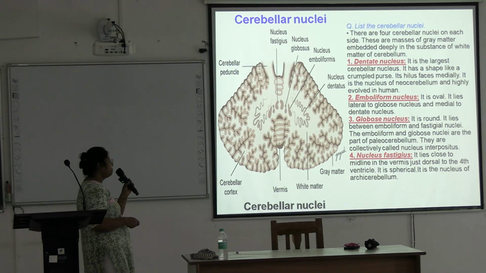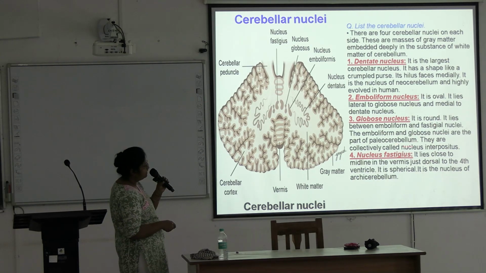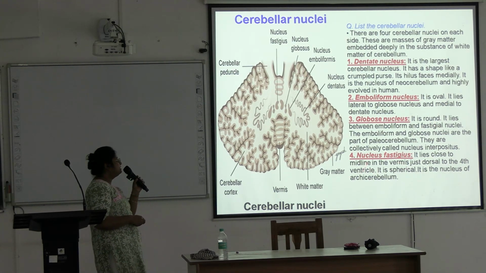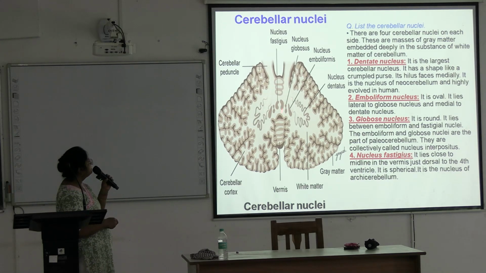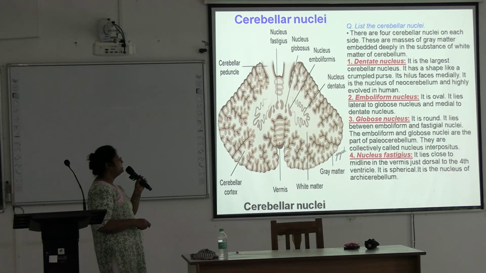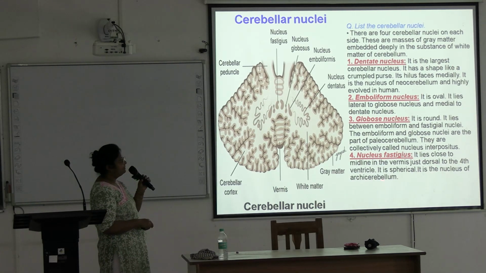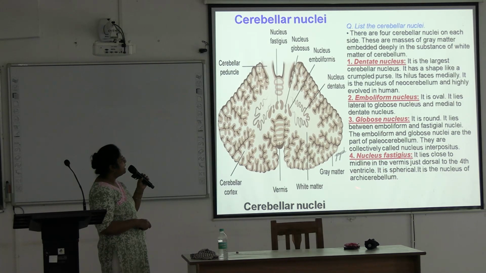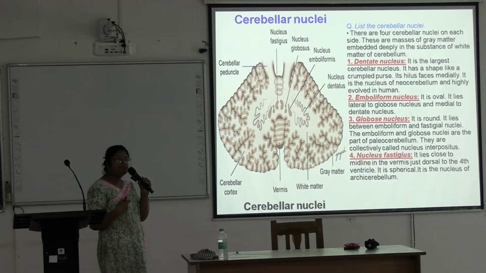Okay. This term is also asked in your viva. What is nucleus interpositus? Next is nucleus fastigii. Medialmost is nucleus fastigii. It lies close to the midline in the vermis, just dorsal to the 4th ventricle. It is spherical and it is the nucleus of the archicerebellum. Okay, most primitive.